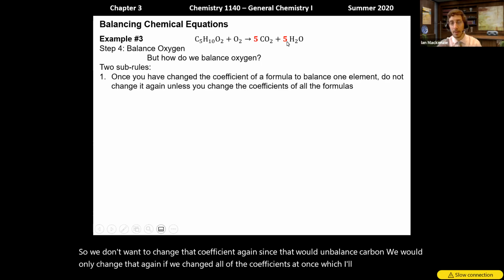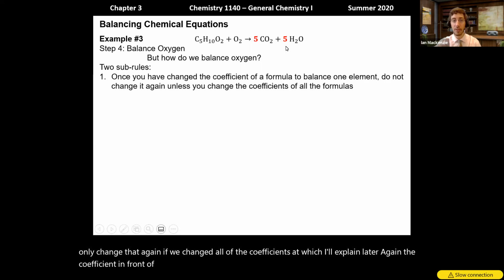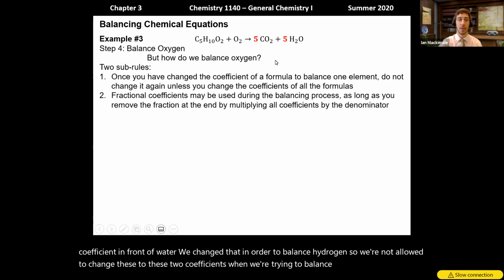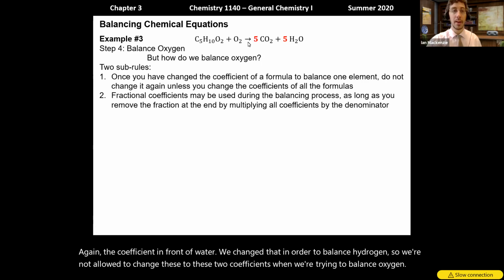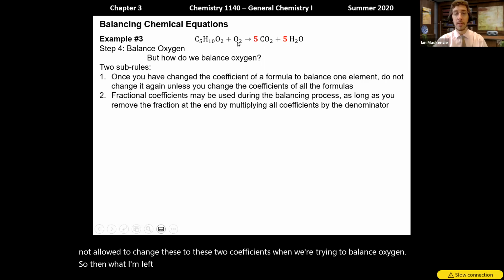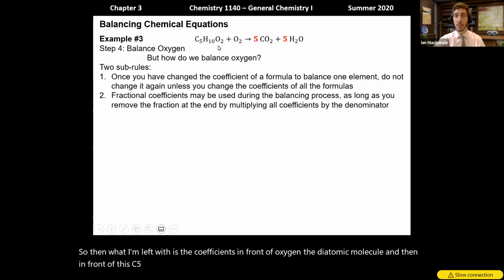Again, the coefficient in front of water, we changed that in order to balance hydrogen. So we're not allowed to change these two coefficients when we're trying to balance oxygen. So then what I'm left with is the coefficients in front of oxygen, the diatomic molecule, and then in front of this C5H10O2. I haven't changed either of those 2, so I could potentially change one of those 2 coefficients.